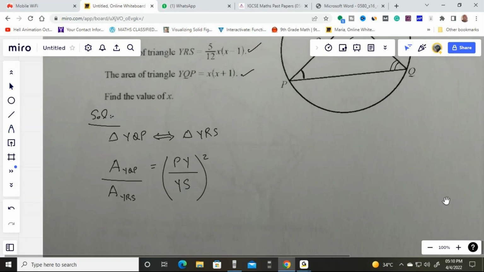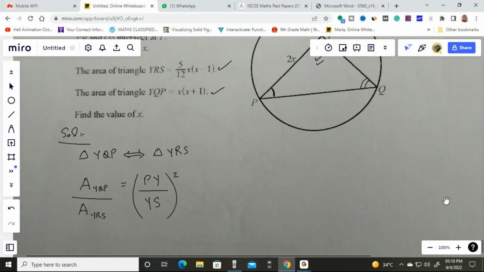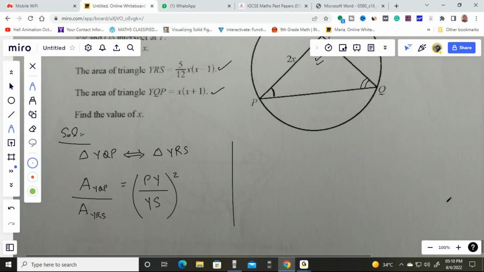So let's do it a little here. YQP is x times x plus 1 divided by 5 upon 12 times x times x minus 1. This x and this x will get cancelled. Now PY is 2x, YS is x squared, and this gets cancelled.